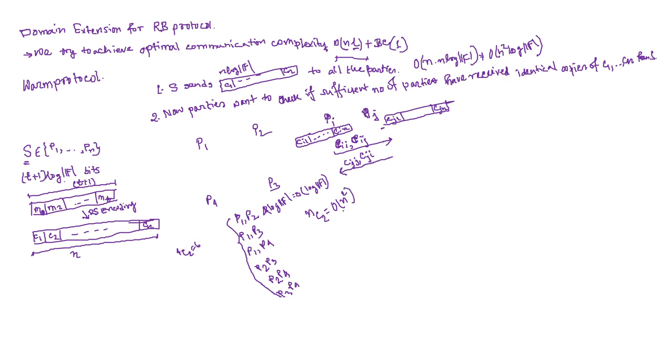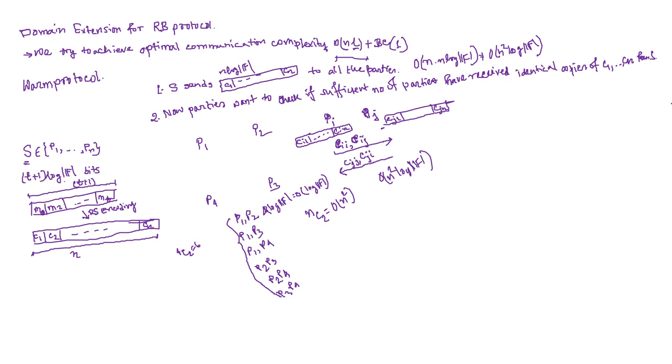So in total, for all order of n square such pairs, order of log f bit communication is being done. Together we can say that order of n square log f bits of communication happens in step 2.